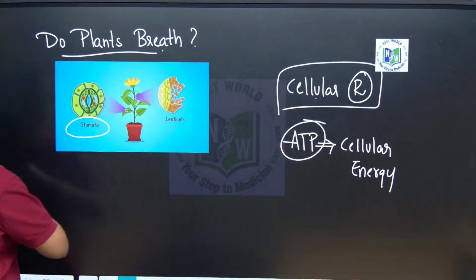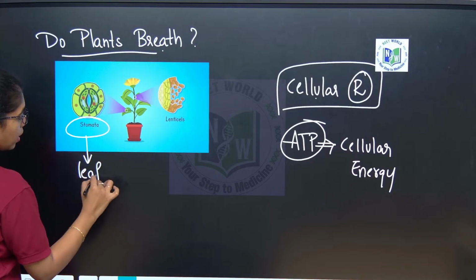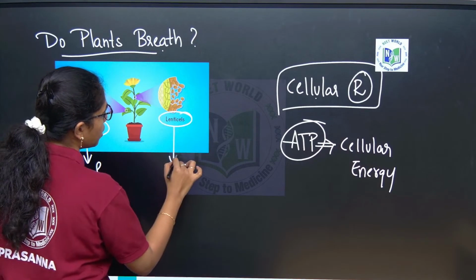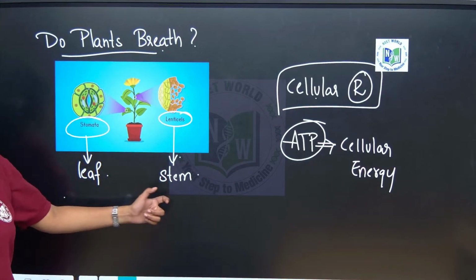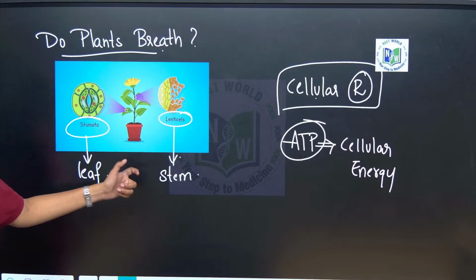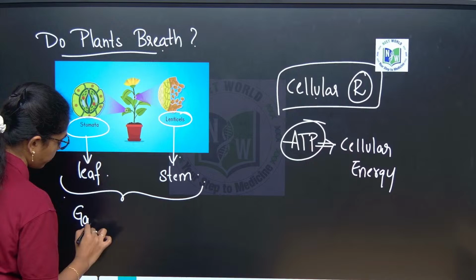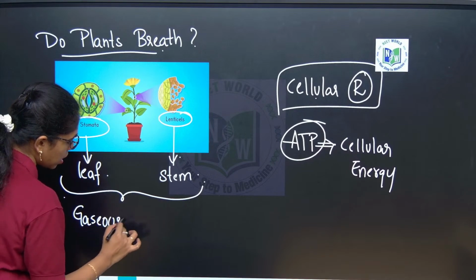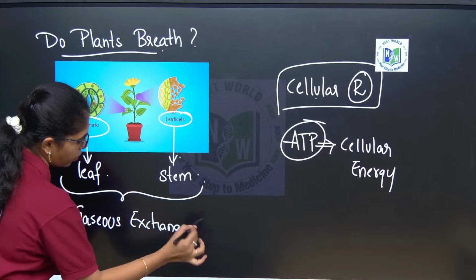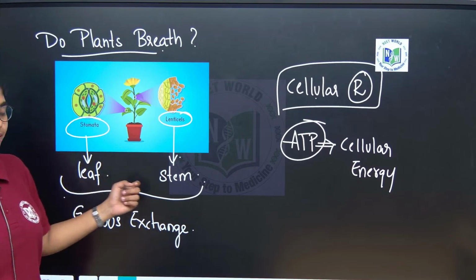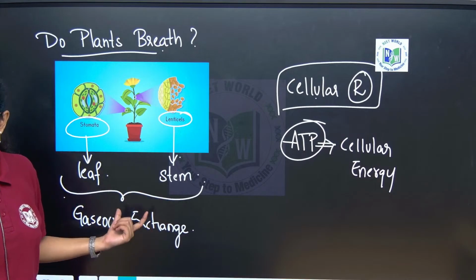They have structures like stomata in the leaf and lenticels in the stem. Stomata on the leaf surface and lenticels over the stem will mediate gaseous exchange.